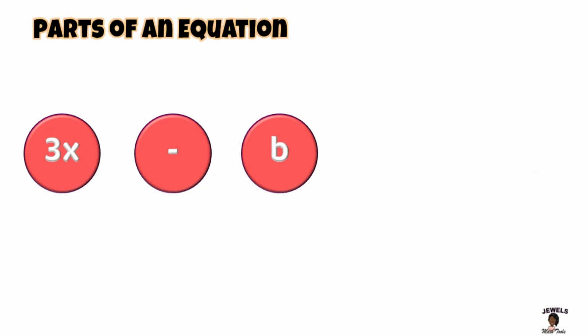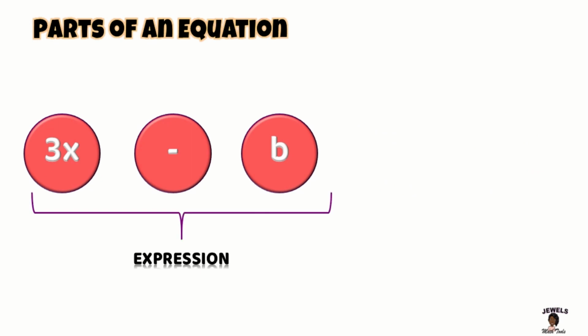Another thing that we also looked at in our equation is what is an expression. An expression is also another part of our equation, and I must stress to you the importance of knowing this part as well. The expression and the equation are not the same thing. Remember that with an expression, there is no equal sign involved.